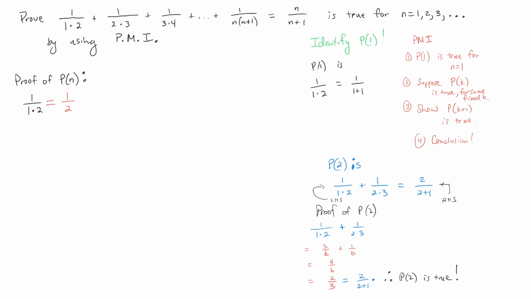We want that to look like what? 1 over 1 plus 1. So I did add an intermediate step in between. And notice the left-hand side is in fact equal to the right-hand side, with a little bit of work in between. There it is. Now what do we do down here? We put a period, and then say, therefore, P of 1 is true.